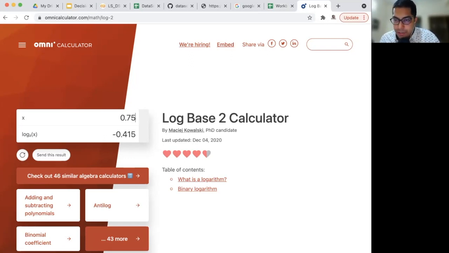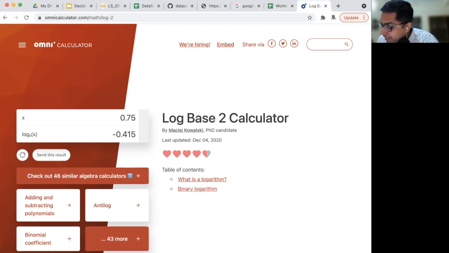Is that correct? The first term is 0.5. The second term is log 0.75. I'm getting 0.75 times 0.415. Let's check that. So that's 0.311.